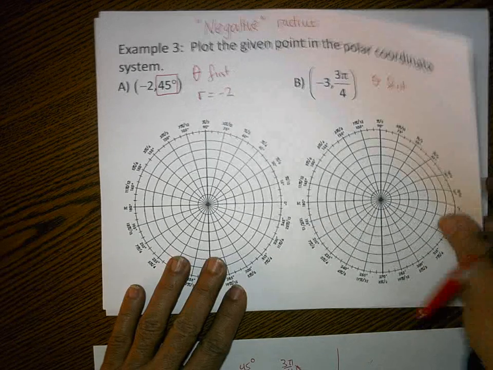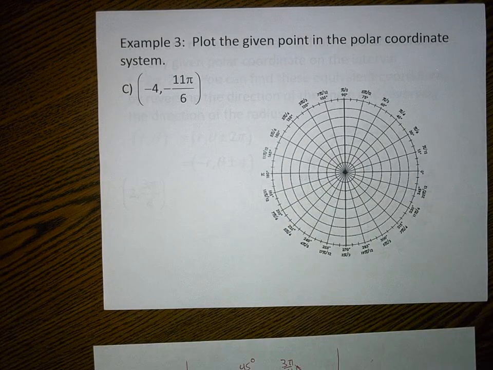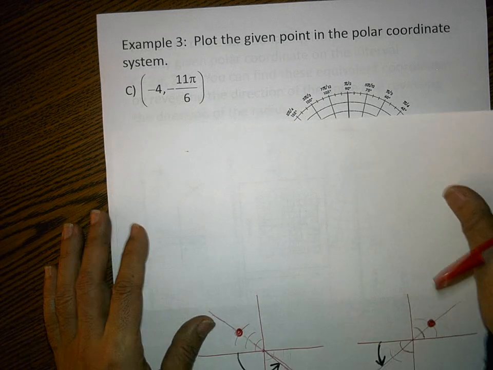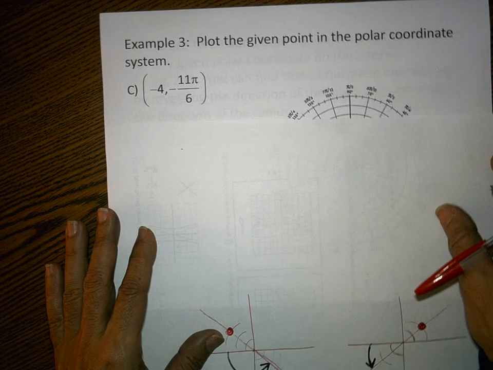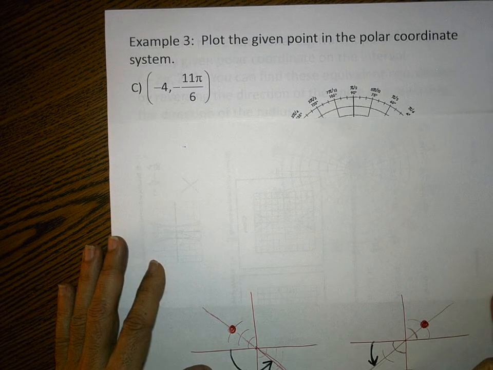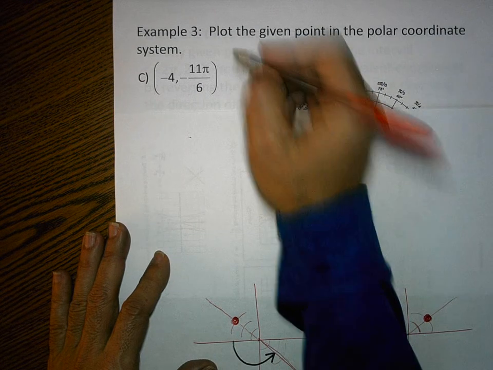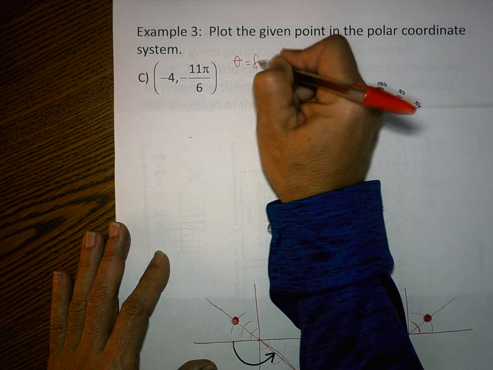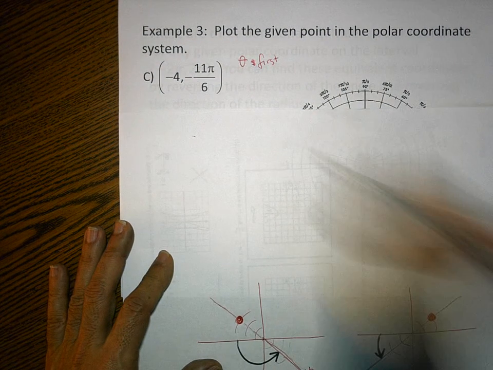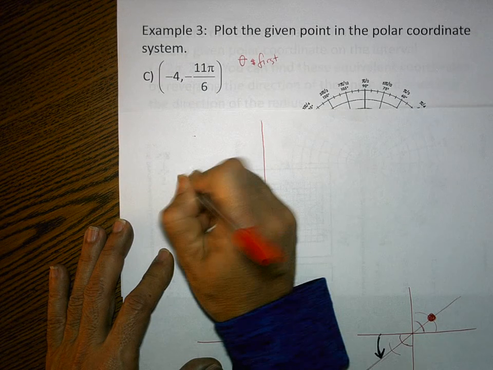All right, let's do another one. So here we go. Now I have a negative angle and a negative radius. So let's go ahead and obey the angle. We always plot theta first. Let's always obey the angle first. So here we go, right here.